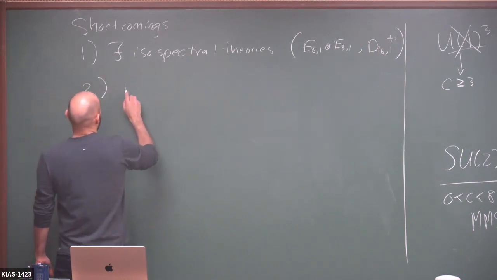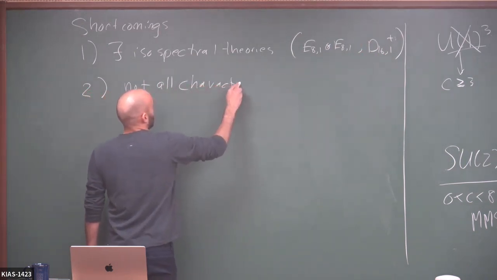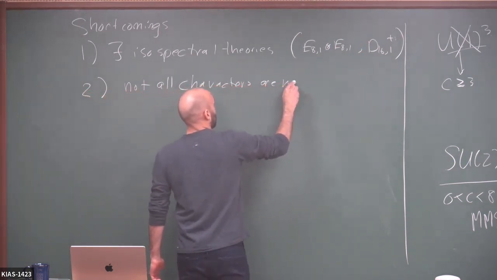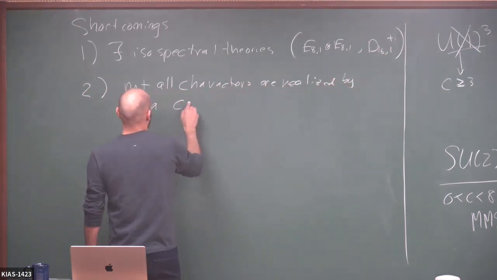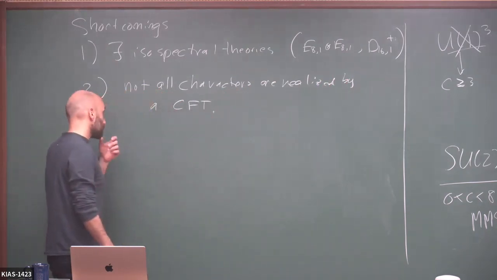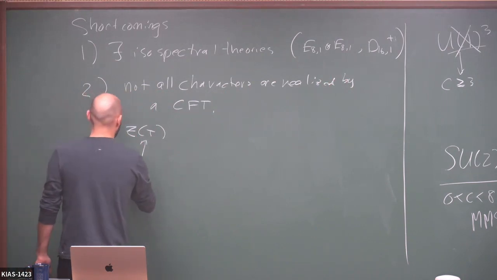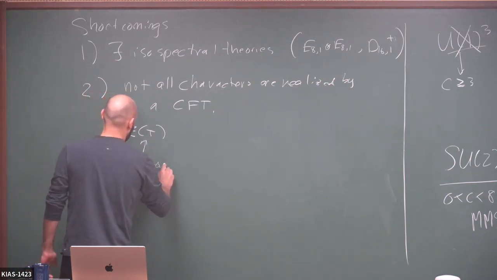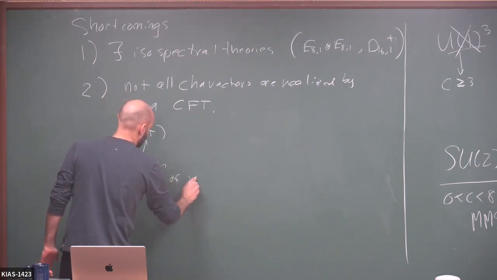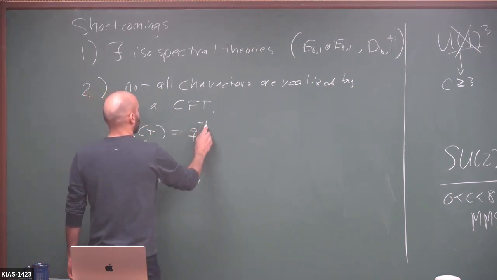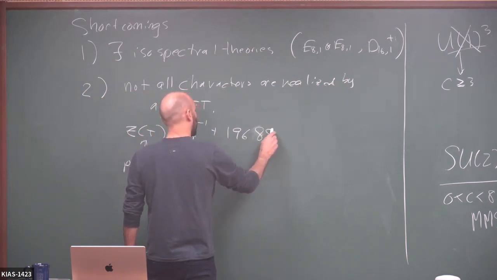The second is that not all characters are even realized by a CFT. So for example, we call Z the partition function of the monster CFT, which sort of famously has a q-expansion that goes like this.